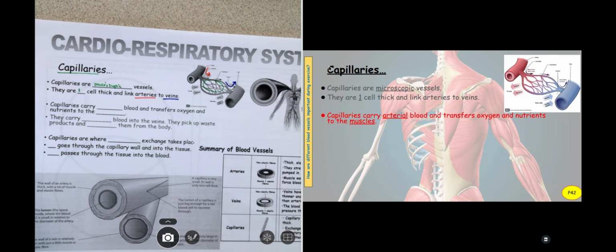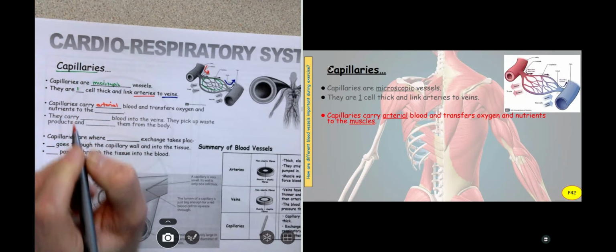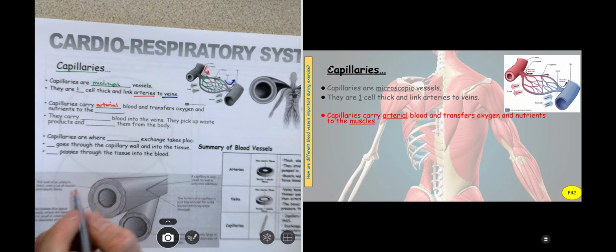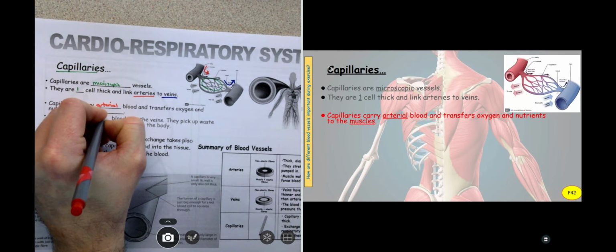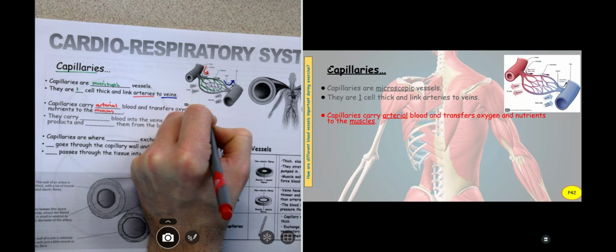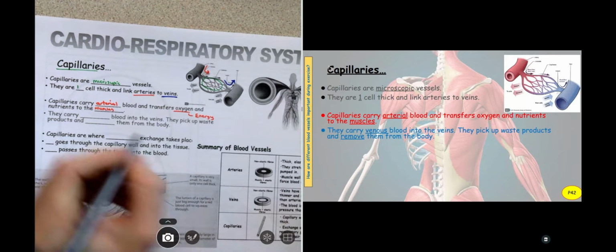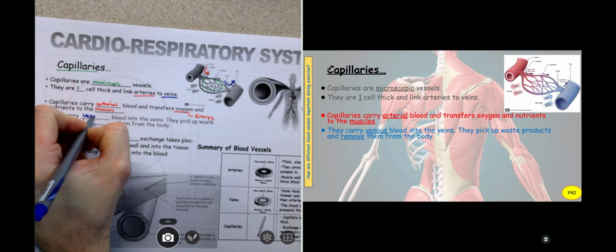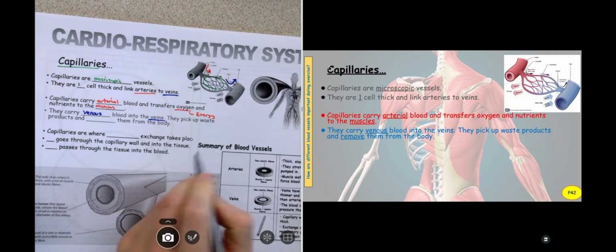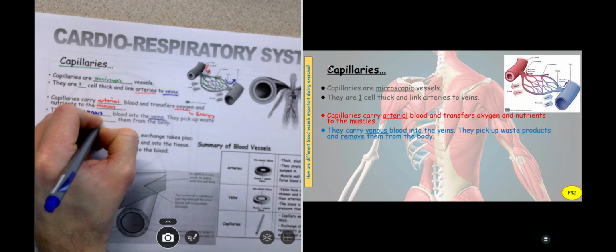So capillaries that carry arterial blood transfer oxygen and nutrients to the muscles. Again, oxygen is needed for energy. They then carry the venous blood, which is deoxygenated, into the veins. They pick up waste products and they remove them from the body.